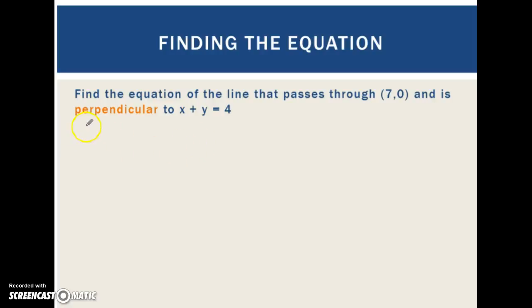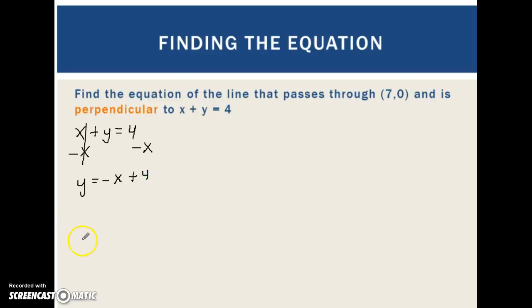So you first just want to rearrange that equation so that it's in slope-intercept form. So get y by itself. So we would subtract x on each side so that you have y equals, and I'm going to write my x term first so that I can see it's in slope-intercept form. So minus x and then a positive 4, so plus 4.